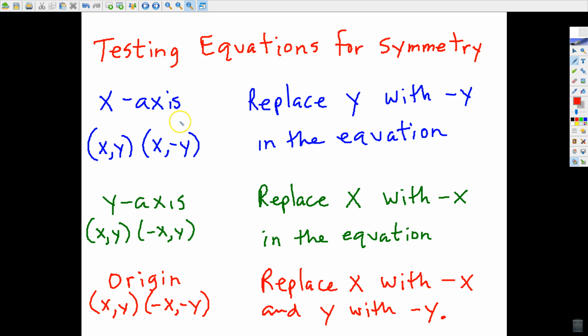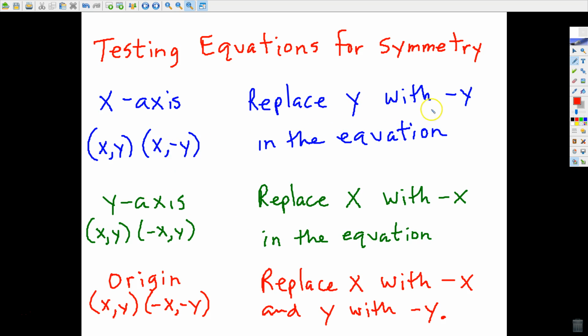And basically it works like this. If you want to test for x-axis symmetry, then you're going to replace the y in your equation with negative y. Remember, going back again, I'm repeating myself, if x-axis symmetry applies, then there will be a point that corresponds to a point, but the difference will be it has opposite y coordinates. Remember that? We just talked about it.